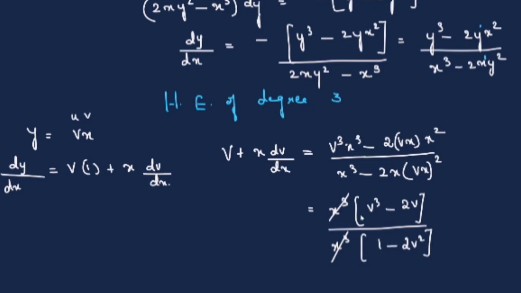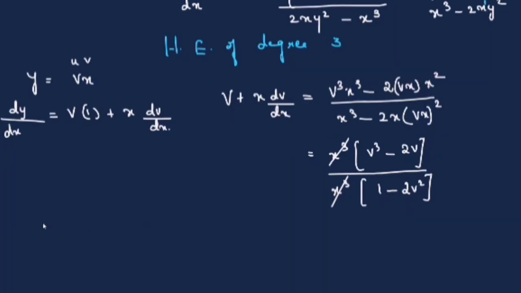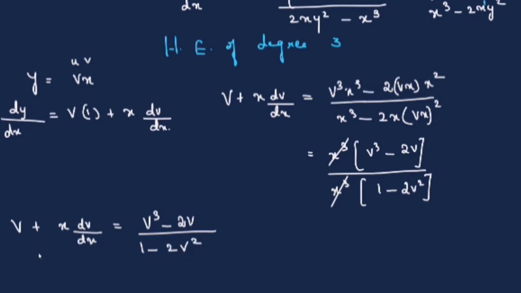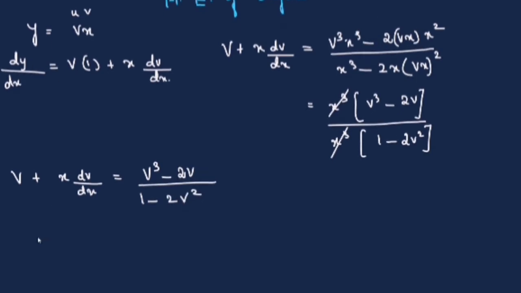Now v plus x into dv by dx is equal to (v cube minus 2v) divided by (1 minus 2v square). Now you can write x into dv by dx is equal to (v cube minus 2v) divided by (1 minus 2v square). Bring the plus v here, it will become minus v.